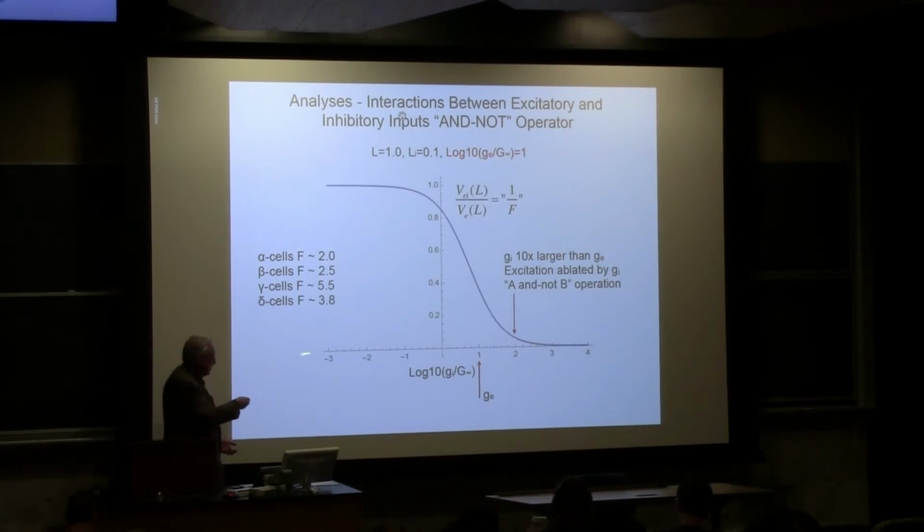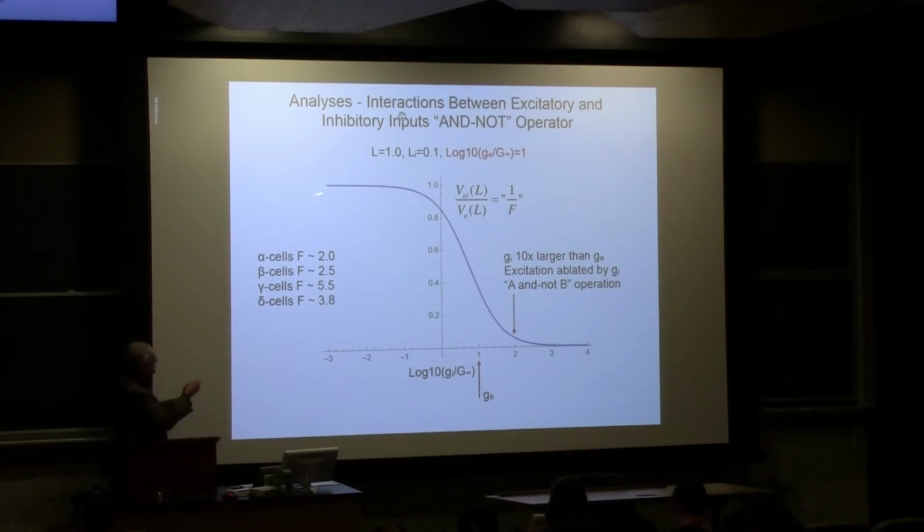So that's what's plotted along this axis. And I've just arbitrarily picked a value for the excitatory conductance to be 10 to the first power. And so as we increase the inhibitory conductance, this curve here shows by how much we're attenuating this voltage ratio.